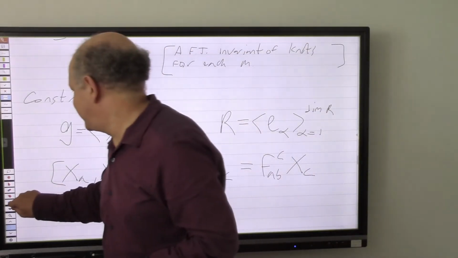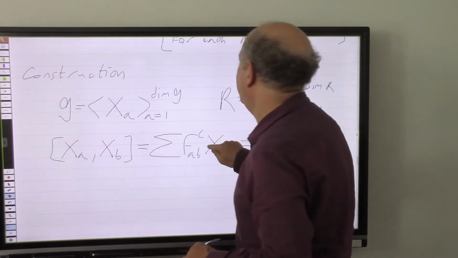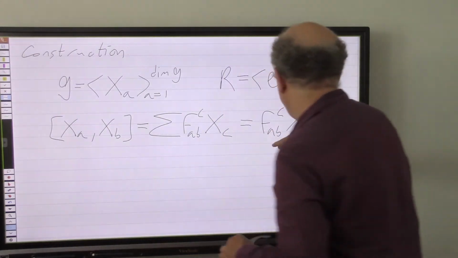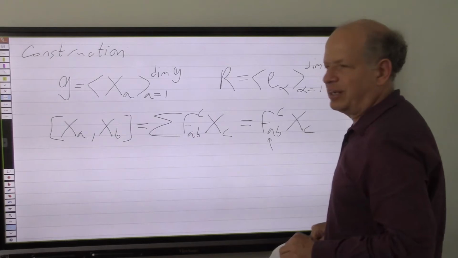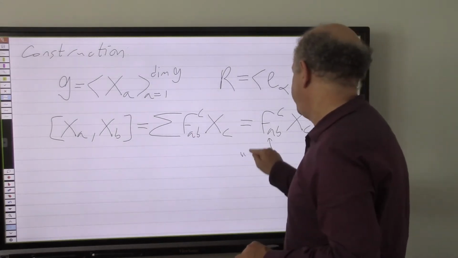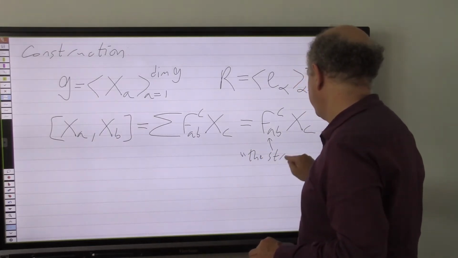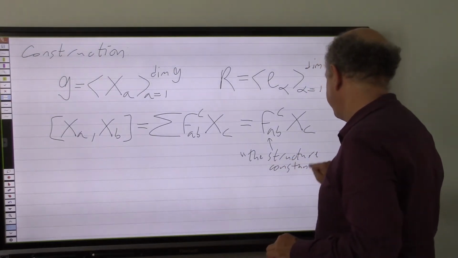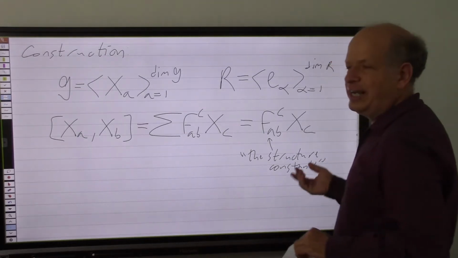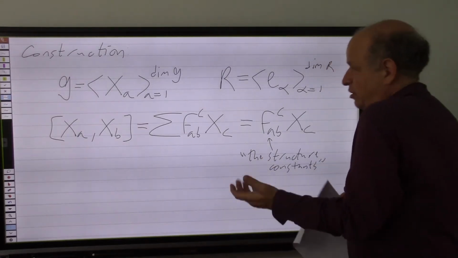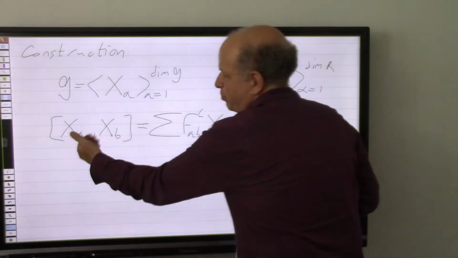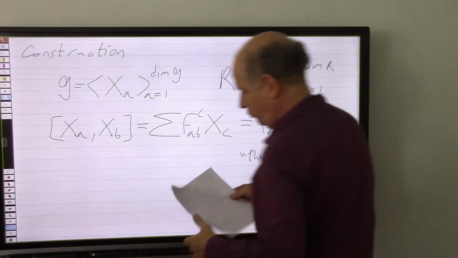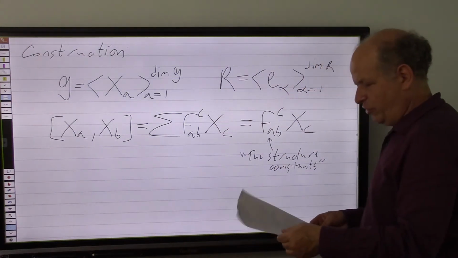Now, these numbers that occur here are called the structure constants of the Lie algebra. And they essentially determine the Lie algebra, because with them you know the bracket of basis elements, and if you know the bracket of basis elements, you know the brackets of everything else.